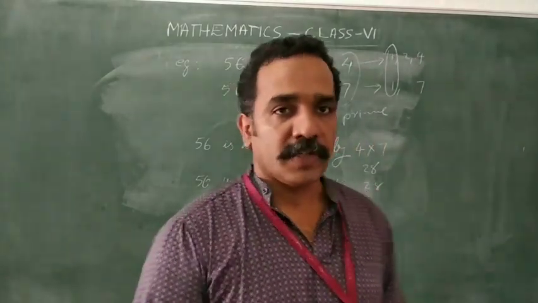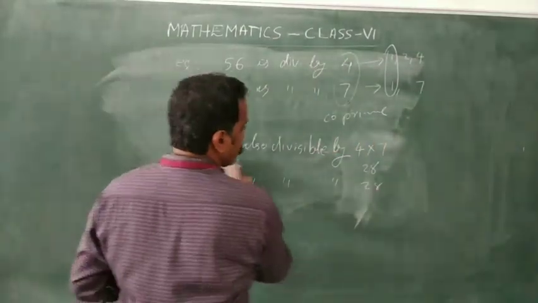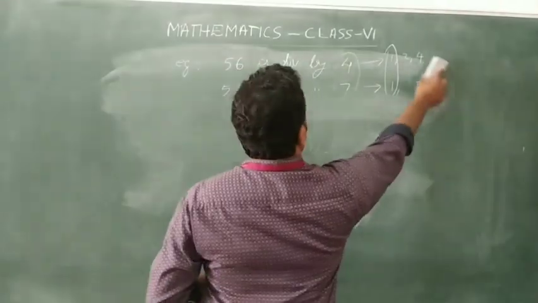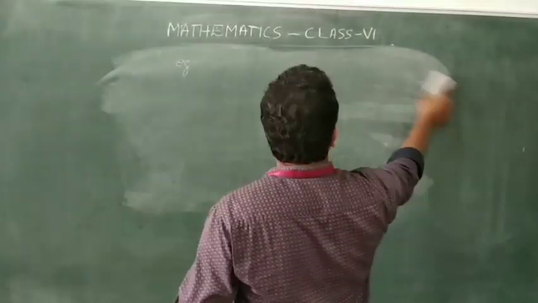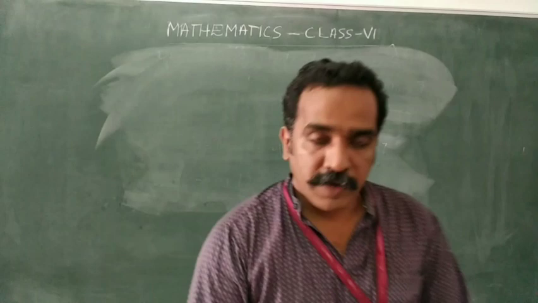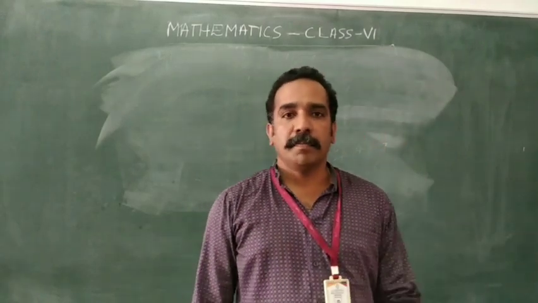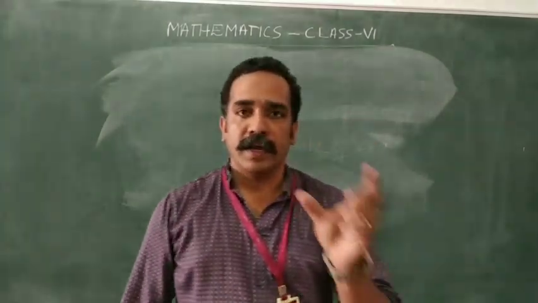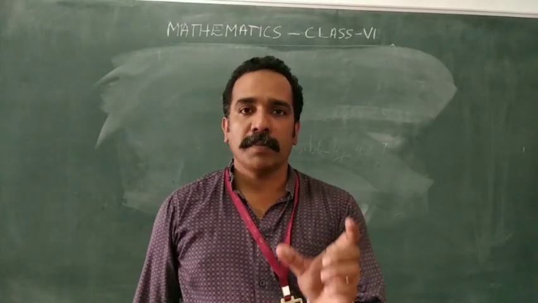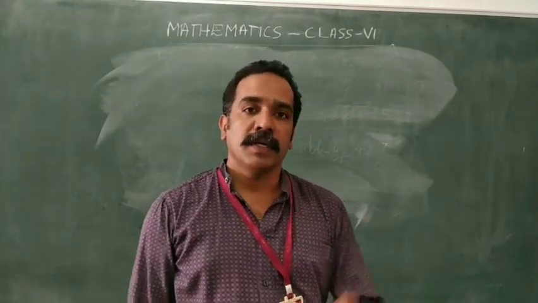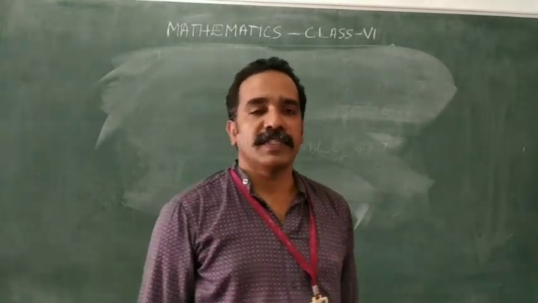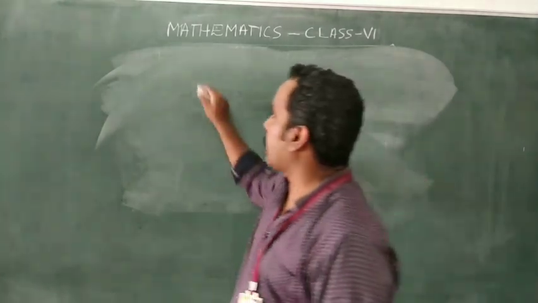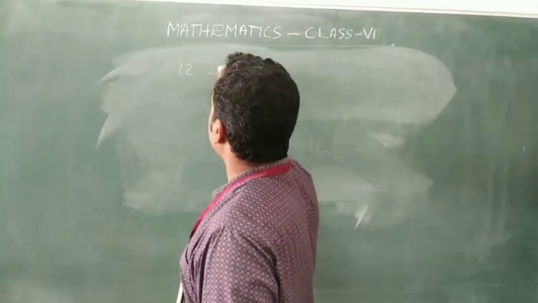That is the next property. And another property is, if two numbers are divisible by a number, then their sum is also divisible by that number.